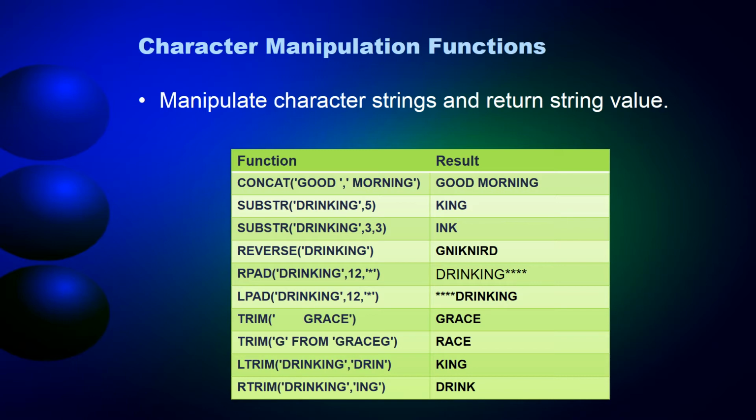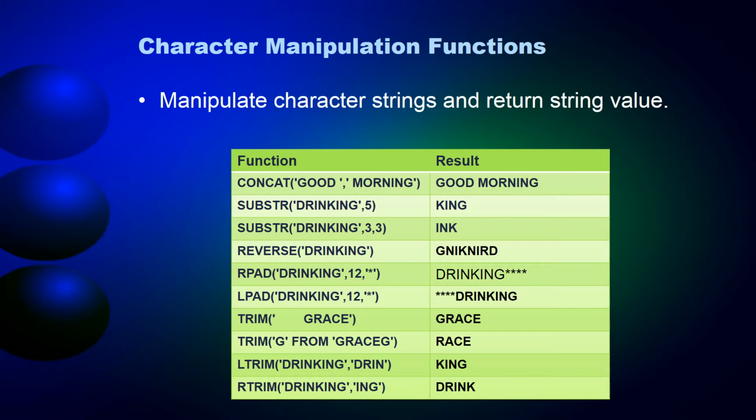Next function is lpad of drinking, comma 12, comma star. This is also a padding function which occupies the full 12 characters. Here, as it is a left pad, it fills the remaining 4 character spaces on the left side with the star.